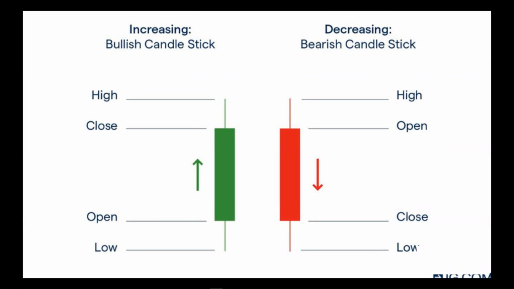The candlestick has a wide part, which is called the real body. This real body represents the price range between the open and close of that day's trading. When the body is red, it means the close was lower than the open. If the real body is green, it means the close was higher than the open. Traders can alter these colors in their trading platforms.